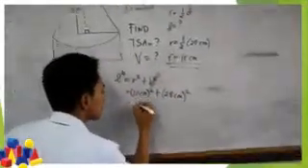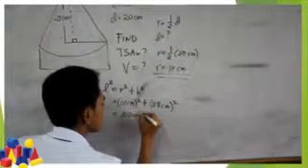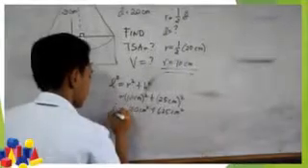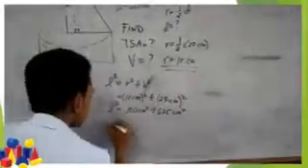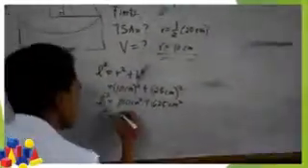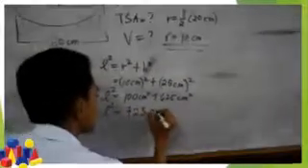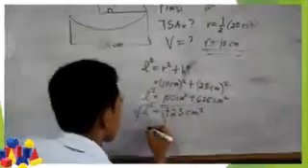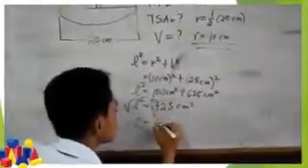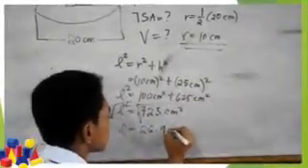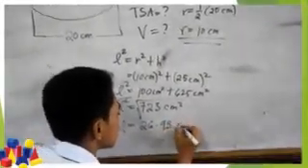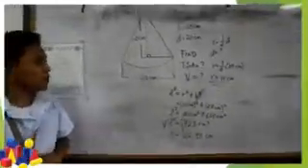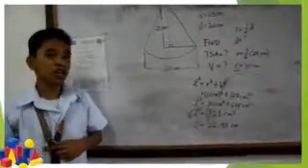So we have 100 square centimeter plus 625 square centimeter. So l squared is equal to the sum, which is 725 square centimeter. Now, extract the roots. We have l is equal to 26.93 centimeter. So we have the slant height, and we have the values of the radius and slant height.